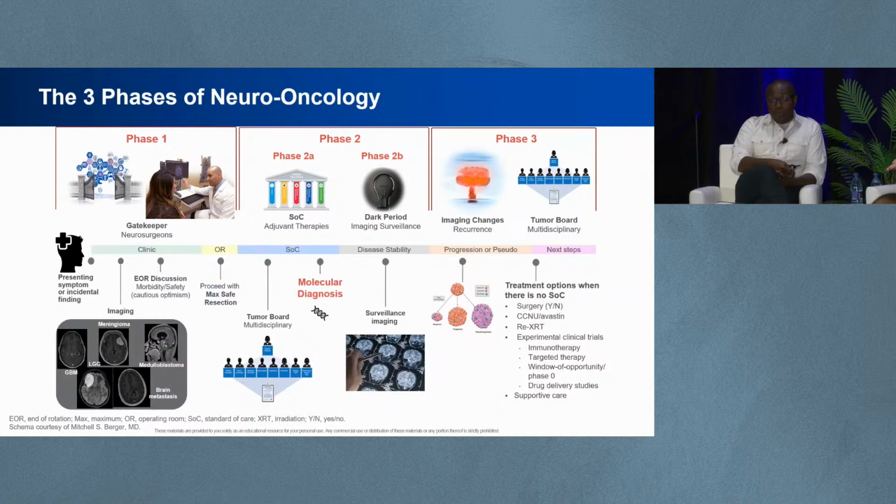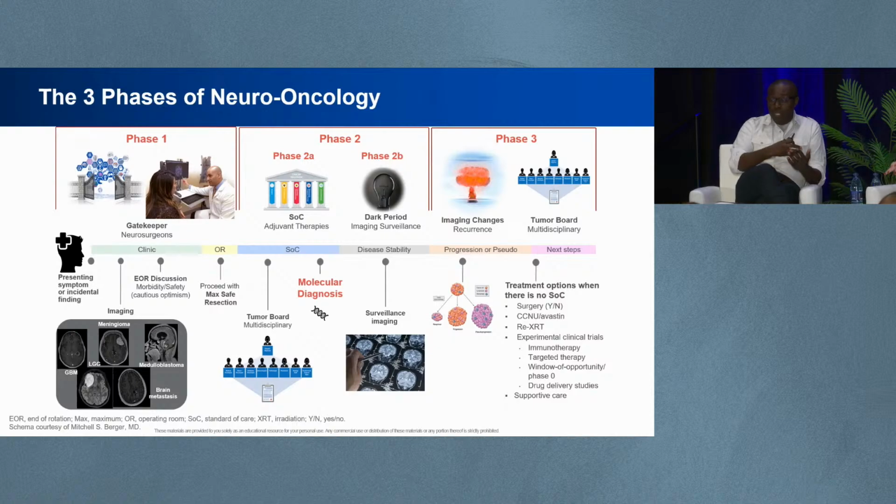The role of surgery in neuro-oncology has been part of the discussion for many years, and the role of the surgeon has evolved a little bit. This is a really beautiful slide that's been put together and discussed in a few contexts, and we think of it in terms of phases. Phase 1 being the early stages, surgeons as gatekeepers only. Phase 2, where we think about instituting and guiding standard of care with imaging surveillance.